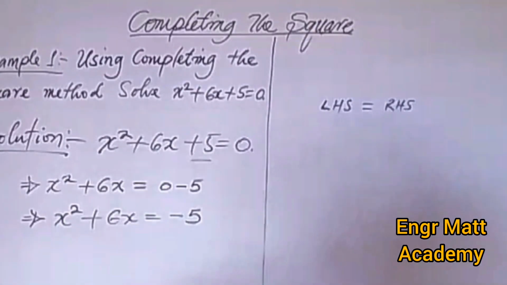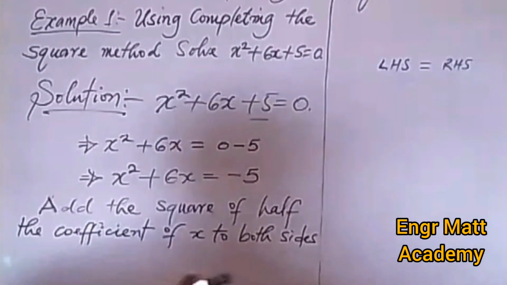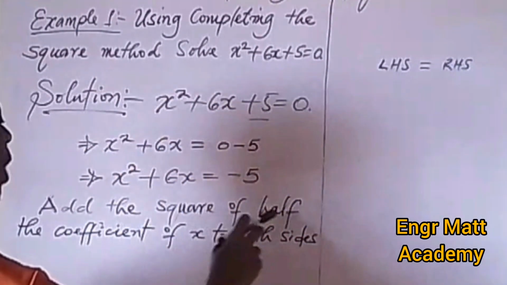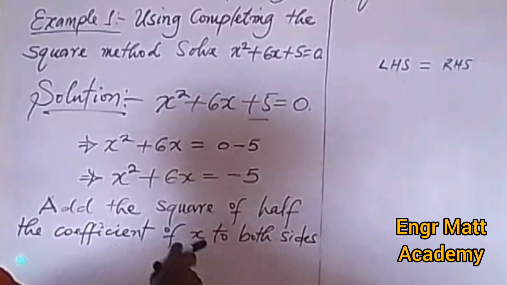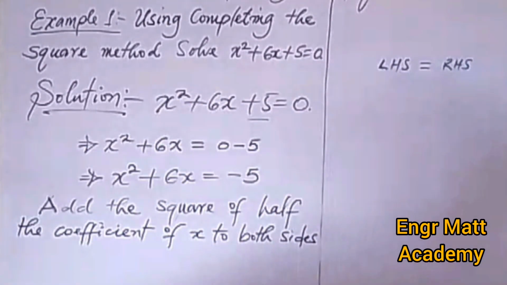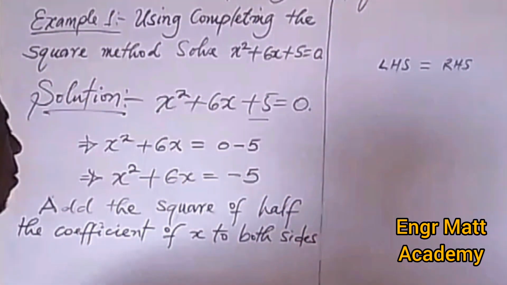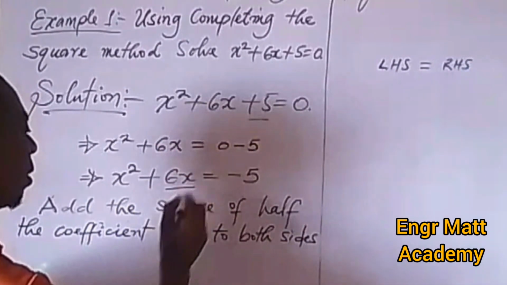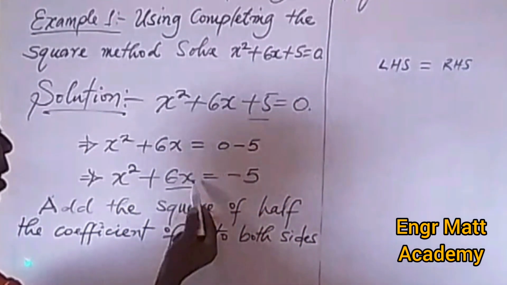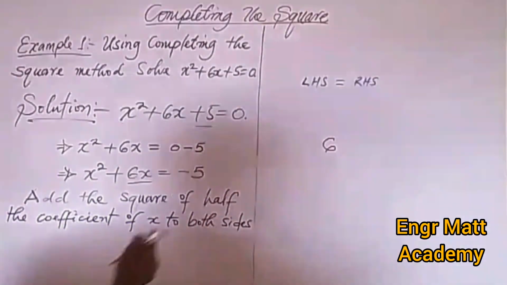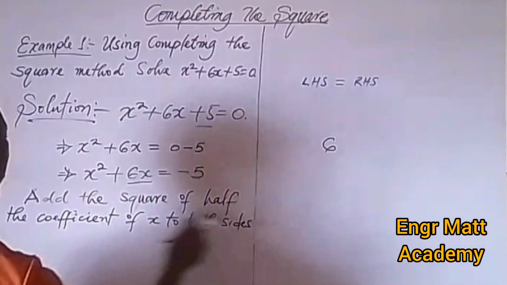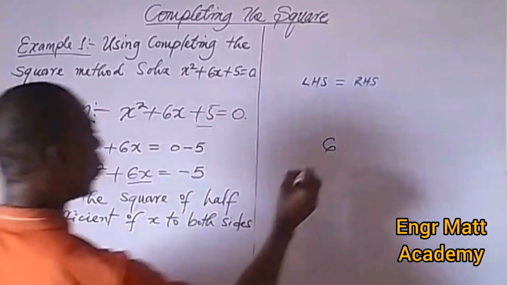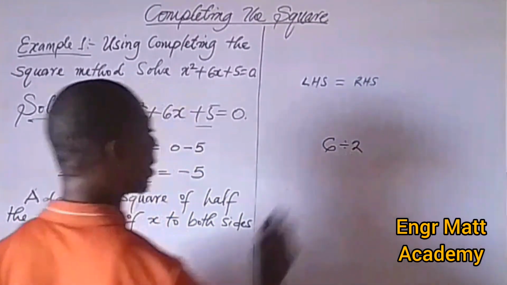Remember, step 1, move the constant to the right hand side of the equation, and we've just done that. The second step, we add the square of half the coefficient of x to both sides. In this expression, we have 6x, so the coefficient of x is 6. We need to take half of that 6.